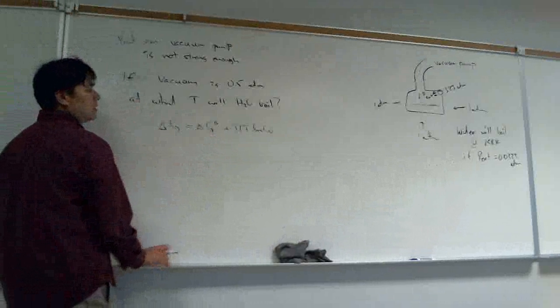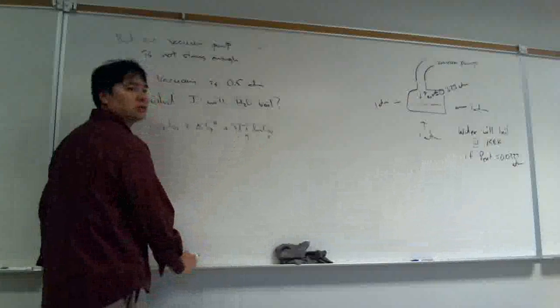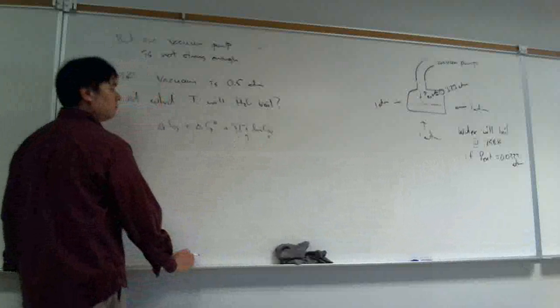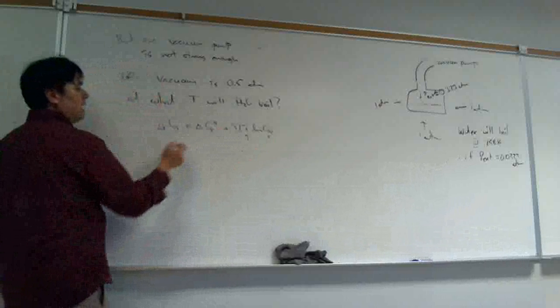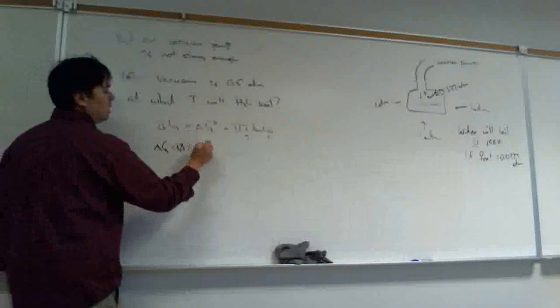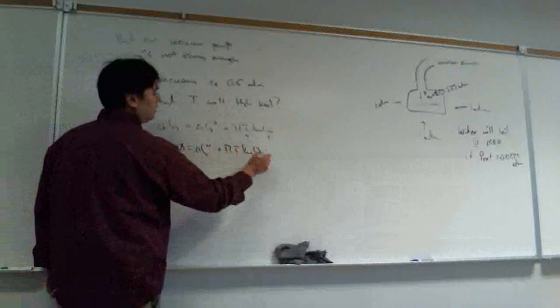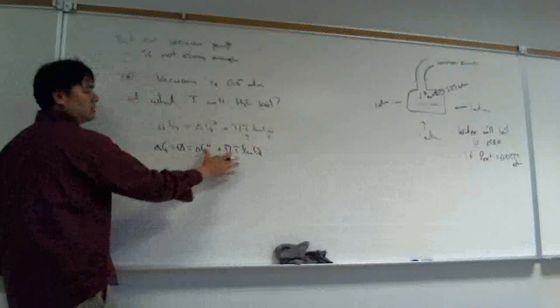We're going to use a combination of temperature and non-standard conditions to do it. And so we want delta G to equal 0, which equals delta G naught plus RT ln of Q. So we want these two terms to cancel each other out.